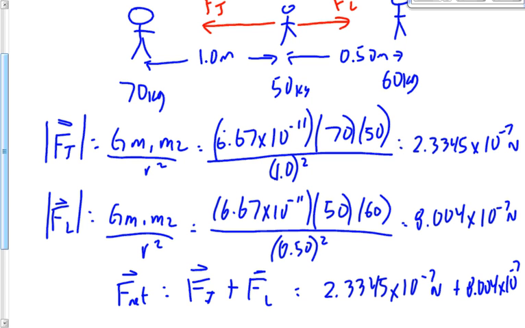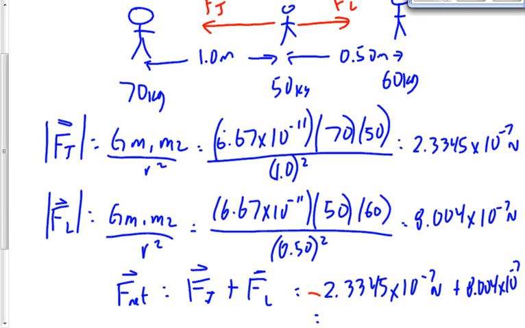Is that right? I mean, it's not right, is it? Close. What am I missing? Yeah, missing that negative sign in front of the 2.33. That's why I drew the free body diagram, to tell me that the first one, Fj, should be a negative value. Let's add those up and let's see what we get.